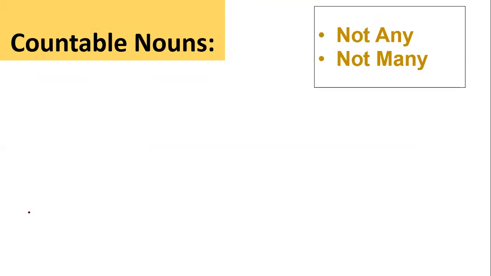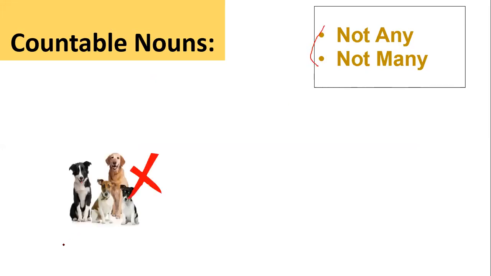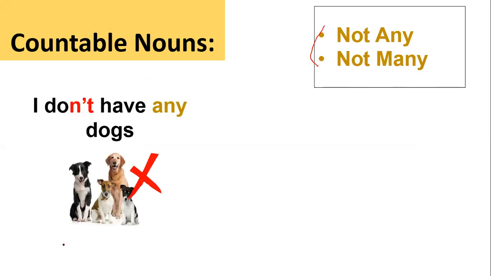And then I have this, not any and not many. Another way that I can say it is that I don't have any dogs. So if you see, the not is already in here, not any.